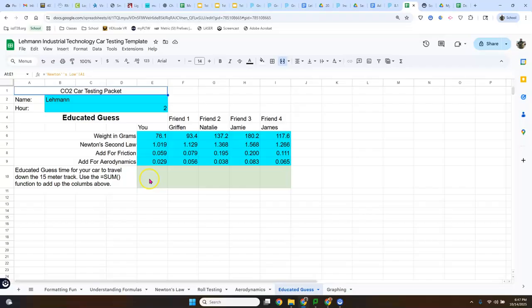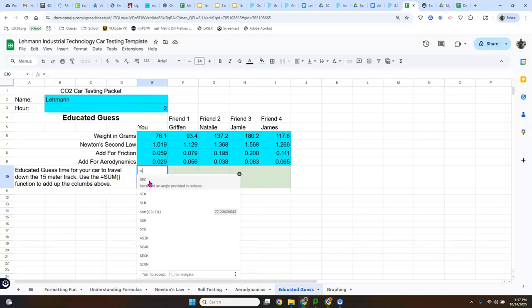So how we do this is by coming into here, selecting into E10, and hitting equals, and then SUM, because it's going to do an addition, and we're going to do an open parenthesis. It's going to start at E7, and it's going to go shift, so it's colon, to E9, all right?